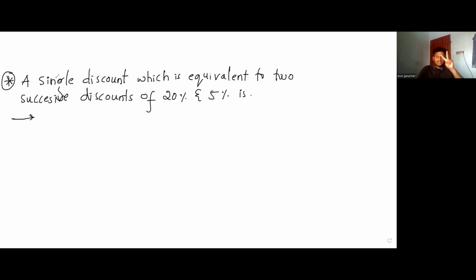Instead of giving two discounts of 20% and then 5%, what should be one single discount? Try to answer this.